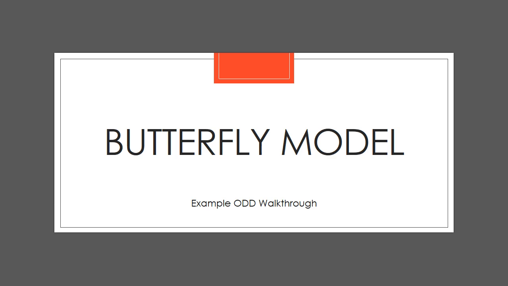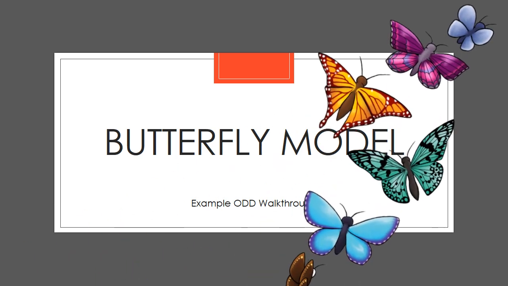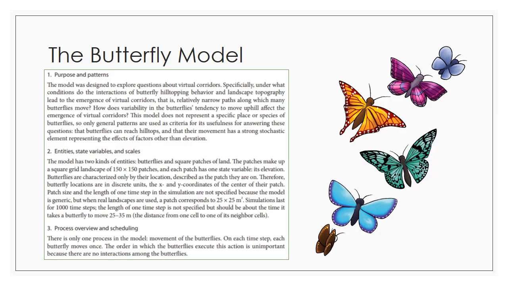And now let's take a look at an example ODD from our book about the butterfly model. The author starts the purpose and patterns section with what the model design is intended to do. Namely, the model was designed to explore questions about virtual corridors.